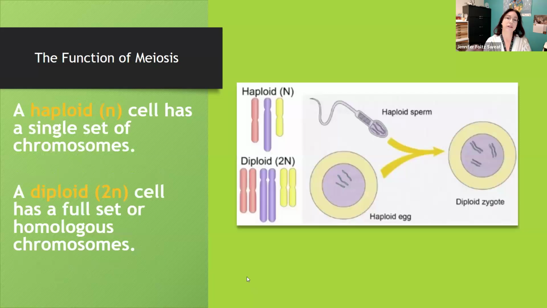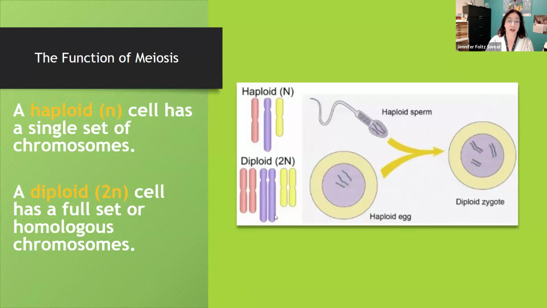Okay, so another important piece of information to remember about meiosis is the difference between haploid and diploid cells. I always think haploid half and diploid di means two. So a haploid cell has a single set of chromosomes, whereas a diploid has your full set.